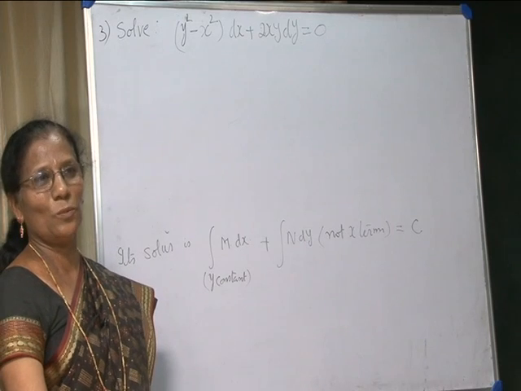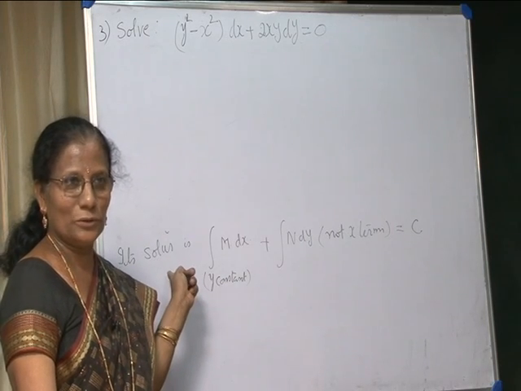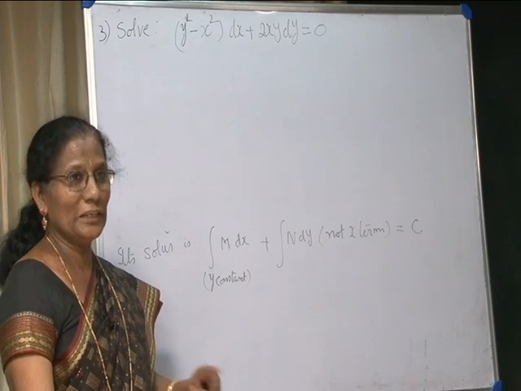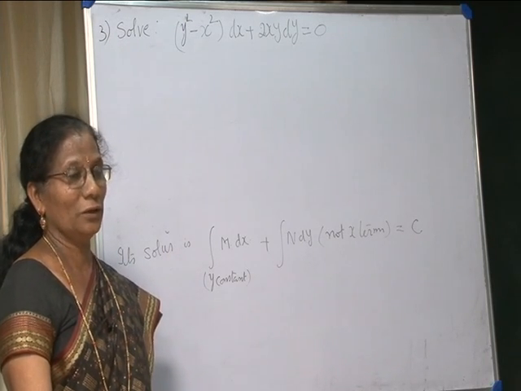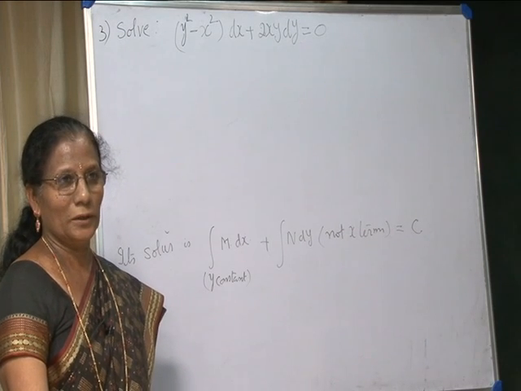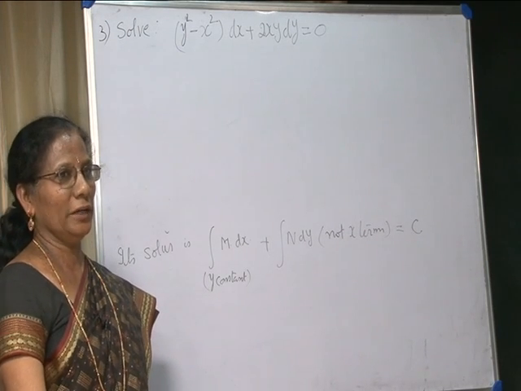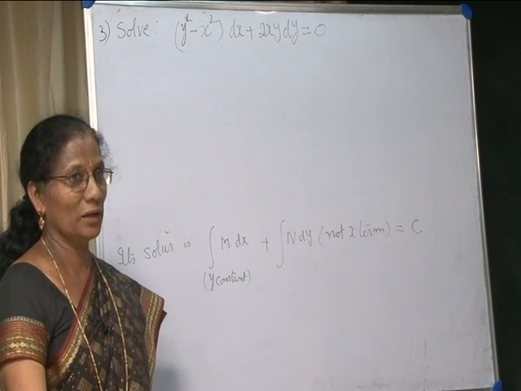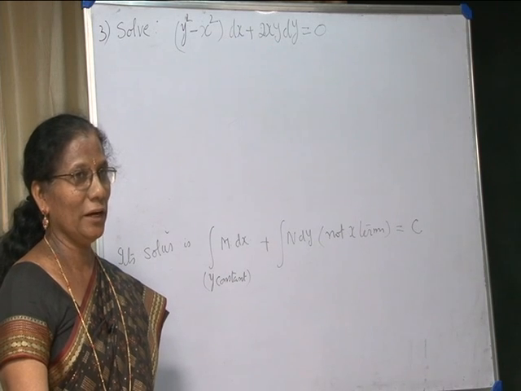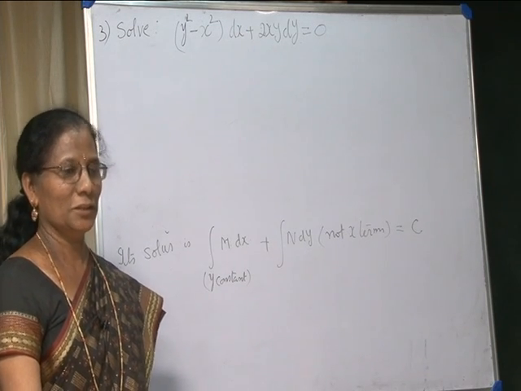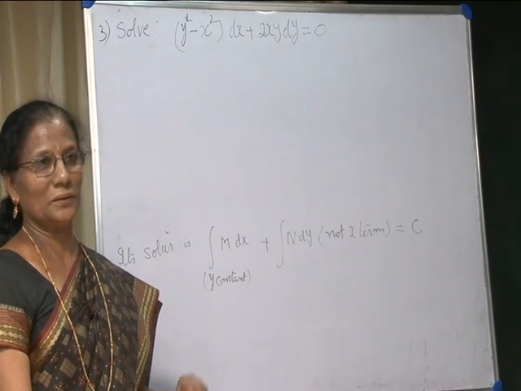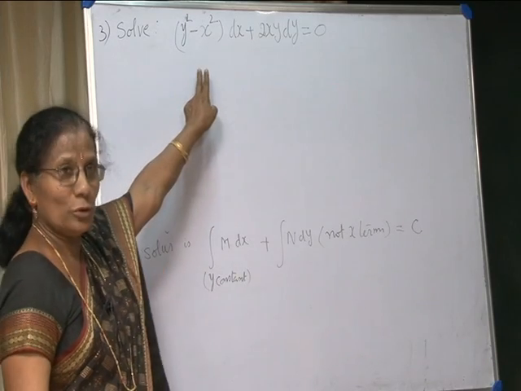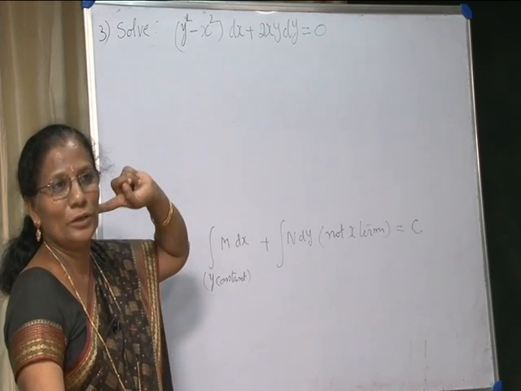In the first problem also, as I have just shown, first one, second one, this is the third one, you can see that it is the second method of the variable separable form. dy by dx is equal to (ax plus by plus c) divided by (a dash x plus b dash y plus c dash), where a by a dash is equal to b by b dash. You can use that method or this method, whichever is easy for you to remember. So, this is a homogeneous equation and this is also an exact equation.